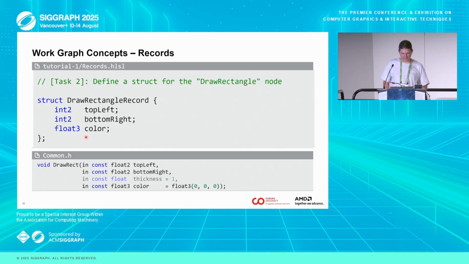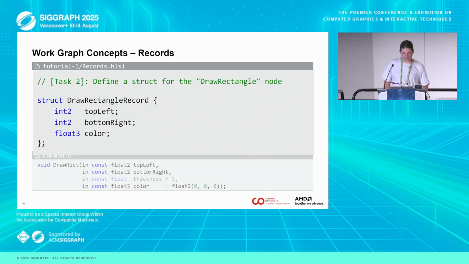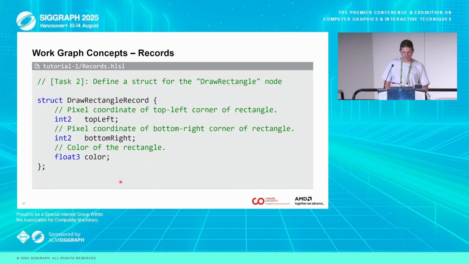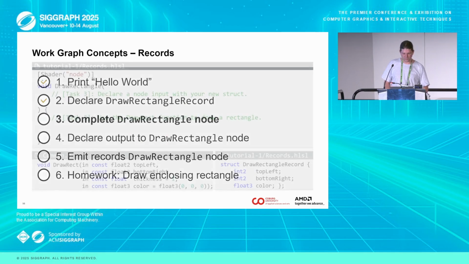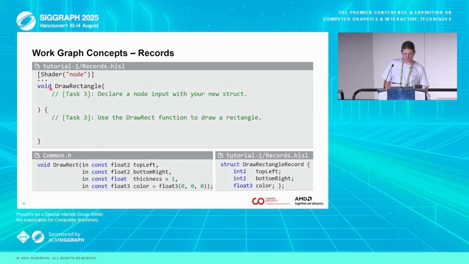So once we have that, we can go ahead and receive the draw rectangle record in the draw rectangle node. So this is a node. You can see this here in the attribute up here. And there in task 3, you can declare an input that would consume your new struct, and then you can use this new struct here.